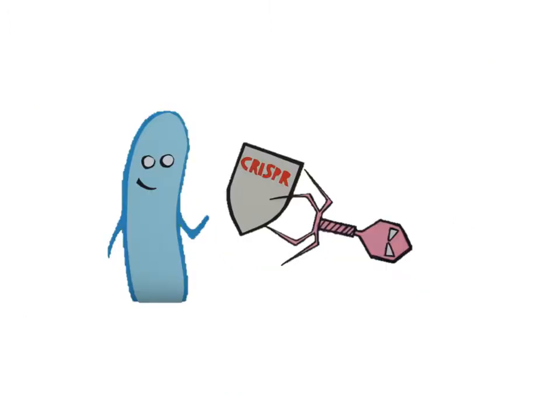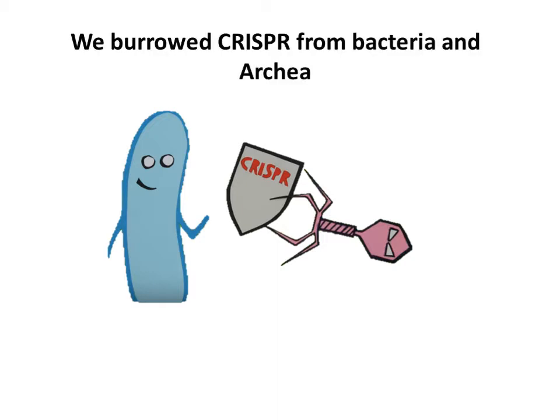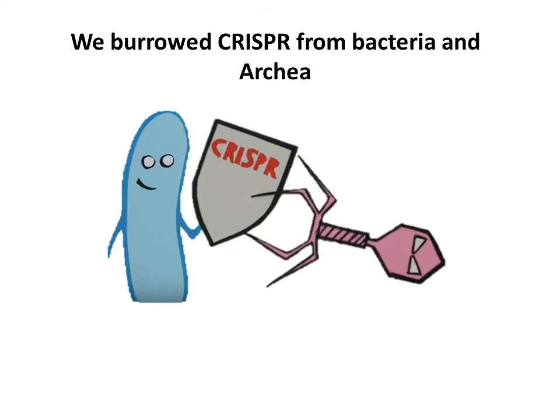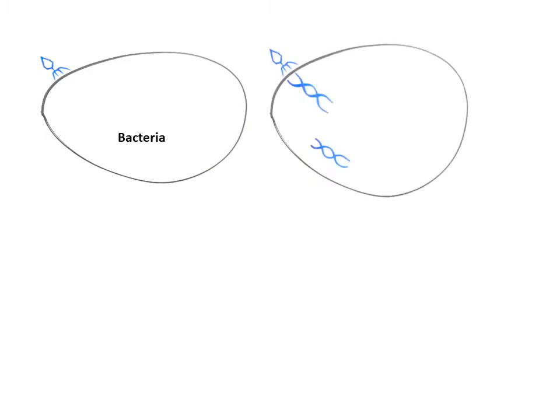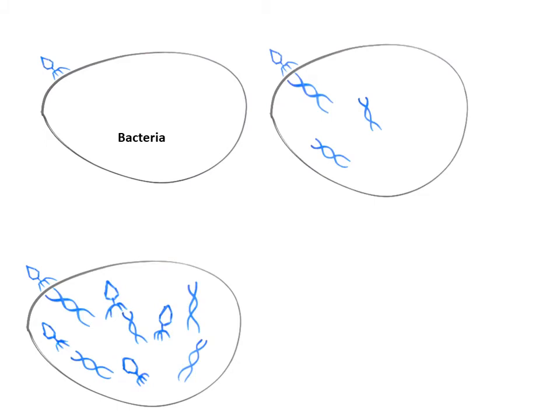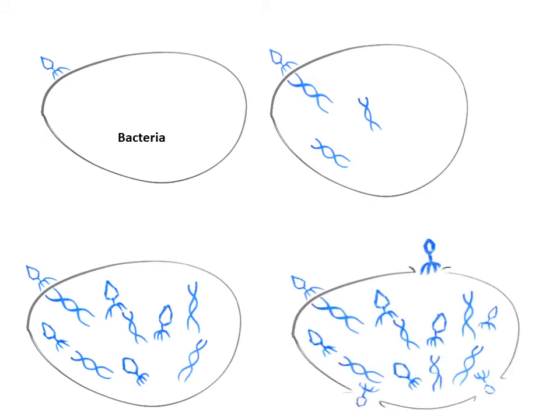Let me tell you a surprising fact: we actually borrowed CRISPR from bacteria and archaea, which use CRISPR as an immune system to defend themselves against the bacteriophage. We know that when a bacteriophage attacks bacteria, it injects its DNA into it, then replicates, causing the cell to rupture, resulting in the bursting of the cell.